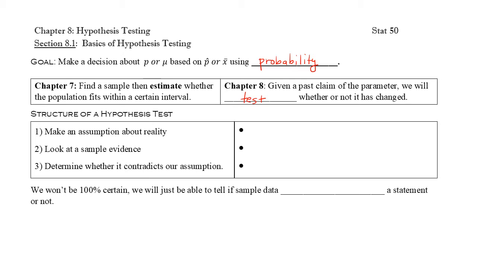Okay, so those are the main pieces that we're going to be looking at. The first is that we're going to make an assumption about reality, in the form of a statement that's called our hypothesis. This comes in two forms: the null hypothesis and the alternative hypothesis.